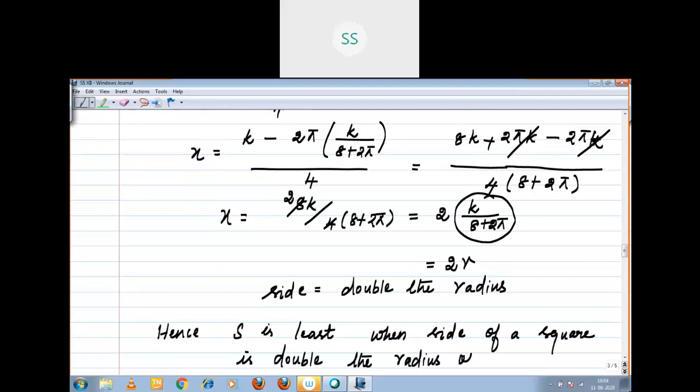Right, children? You got it? What I said? They said the sum of the areas is least when the side of a square is double the radius of the circle. We proved side equal to double the radius. Right, children? You got it? Yeah. Thank you, children.